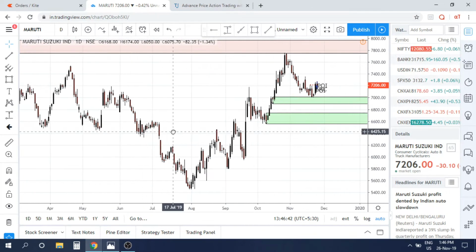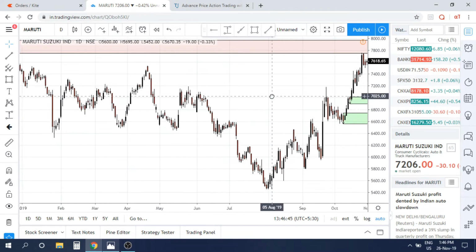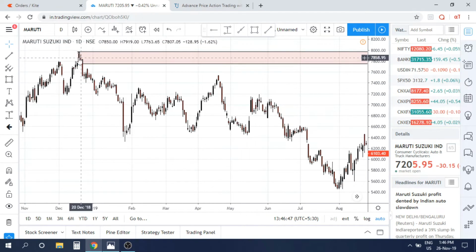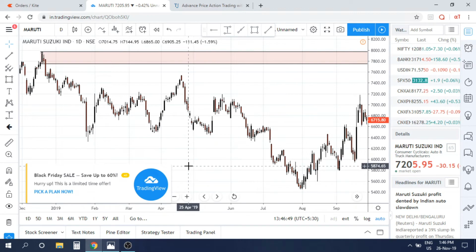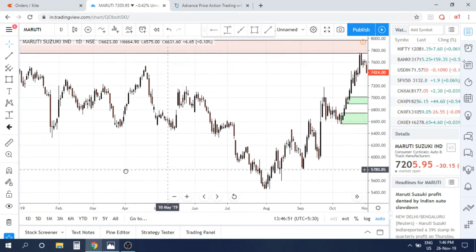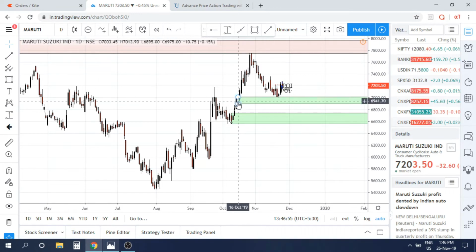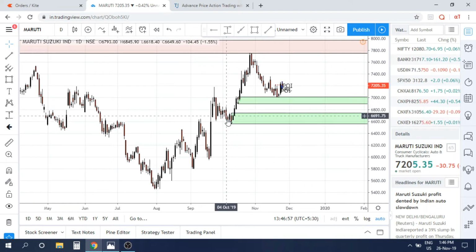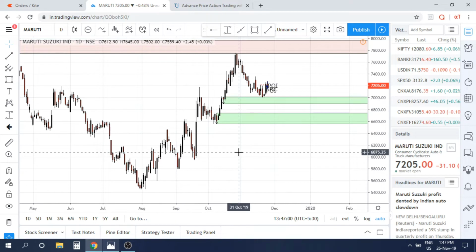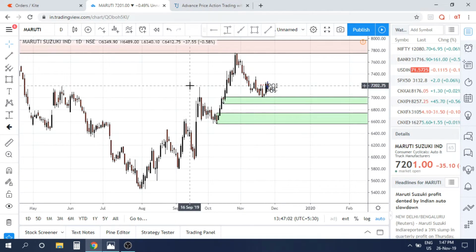So currently we can see that Maruti is reacting from this particular supply zone over here, right? A good one. So it's falling from there, and it is held now by this demand zone, and we have also one more good demand zone over here. Okay, so it's reacting from there.